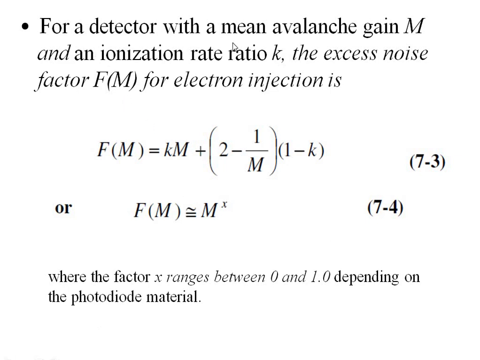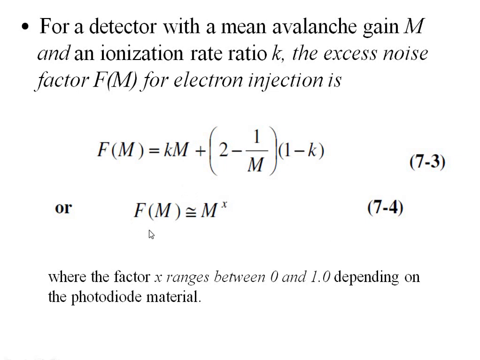For a detector with the mean avalanche gain M and an ionization rate ratio k, the excess noise factor F of M for electron injection is given by F of M equals k into M plus (2 minus 1 by M) into (1 minus k).